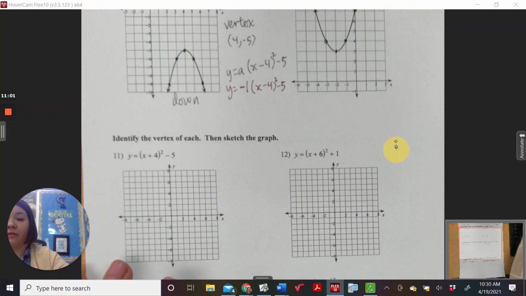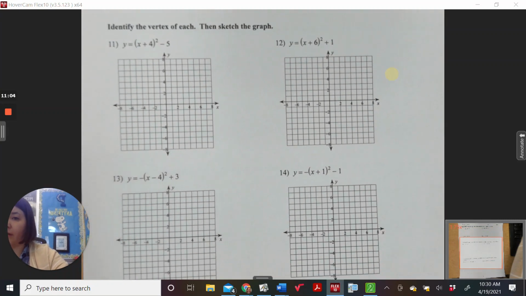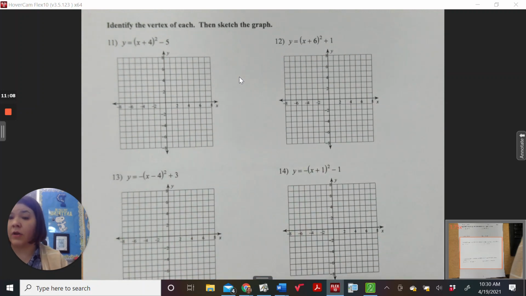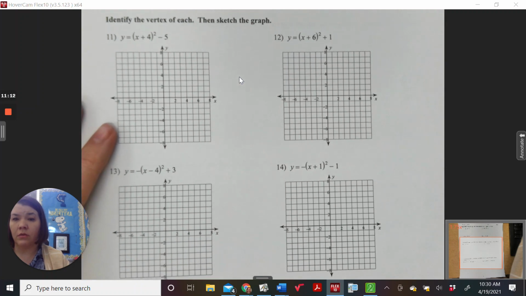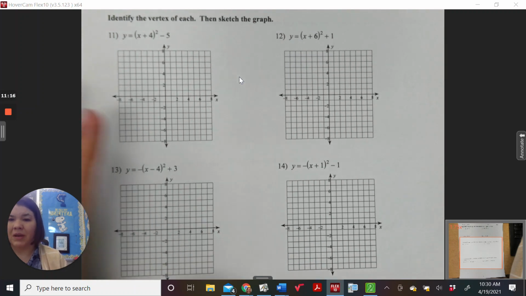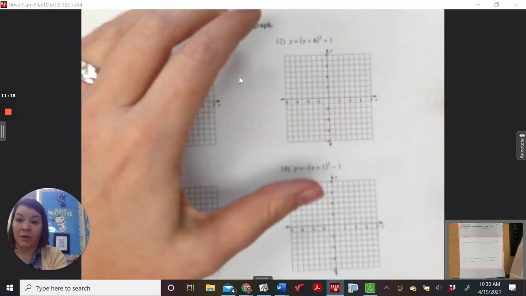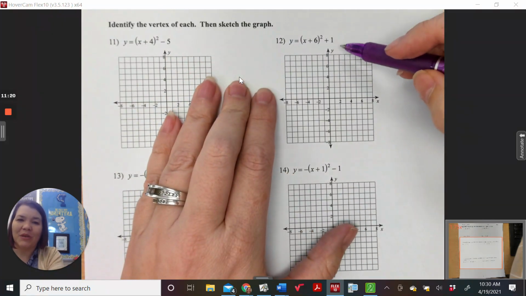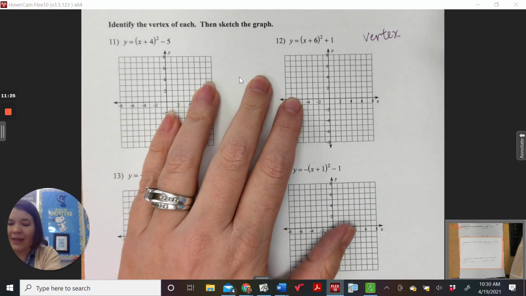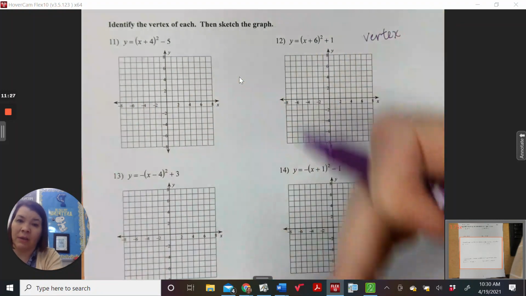So now we have what we've kind of done together. Here's the equation. Can you find the vertex? Can you then graph? So I'm going to go ahead and, let's do 12. Make it easier for me to stay on camera. So if we're doing number 12, the first thing I'm going to do is find the vertex. And when I have the equation, I actually like to think about the shifts.